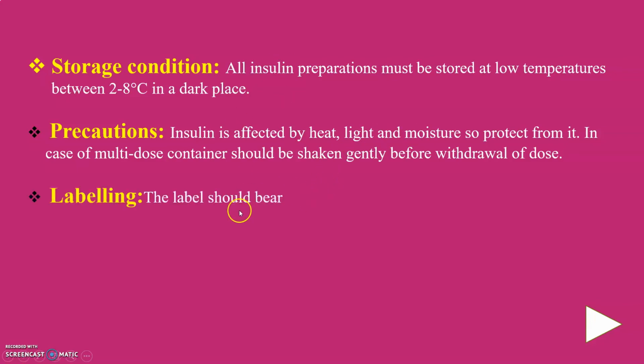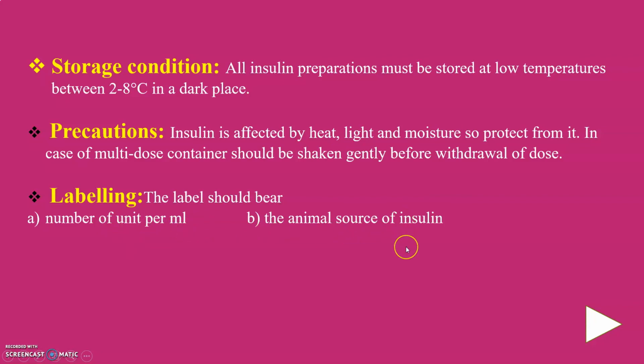What are the different labels that should be there during storage? First, the number of units per ml should be mentioned on the container. The animal source of the insulin should also be mentioned. Then the expiry date, and do not freeze, meaning do not freeze below 2 to 8 degrees Celsius. So this is a very essential point from the exam point of view.